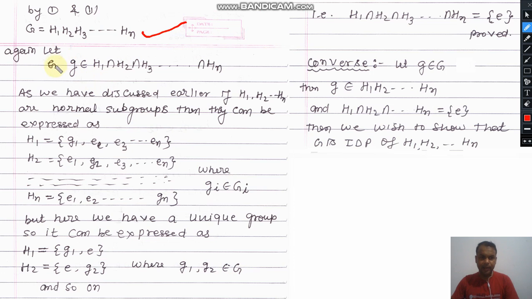Again, suppose it is possible that the intersection of these n normal subgroups has an element g. Let us suppose this is the element belonging to the intersection of these n normal subgroups. But as we have discussed, if G is a group and it can be written as the product of normal subgroups, then the nature of these subgroups will be of this type.